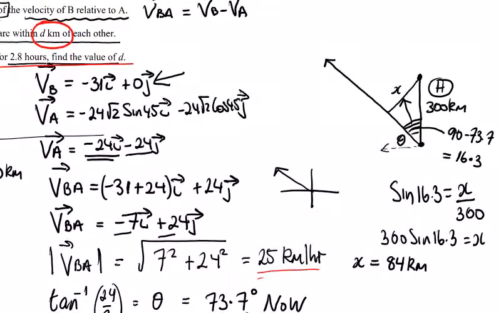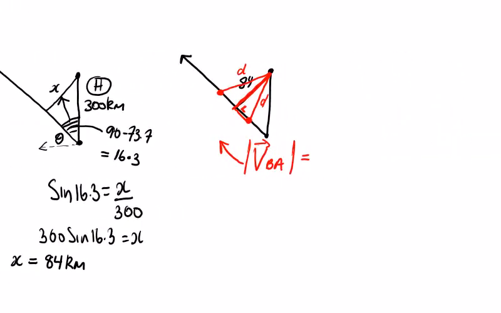So that's the speed it's going at, 25 kilometers an hour. We can also say that this section here and this section here are half of the 2.8 hours, so they're about 1.4 hours.